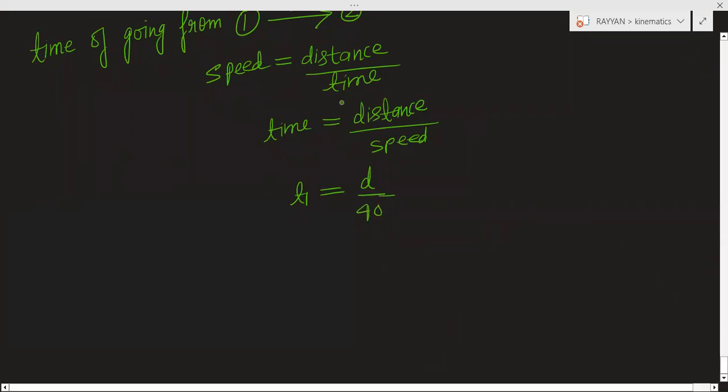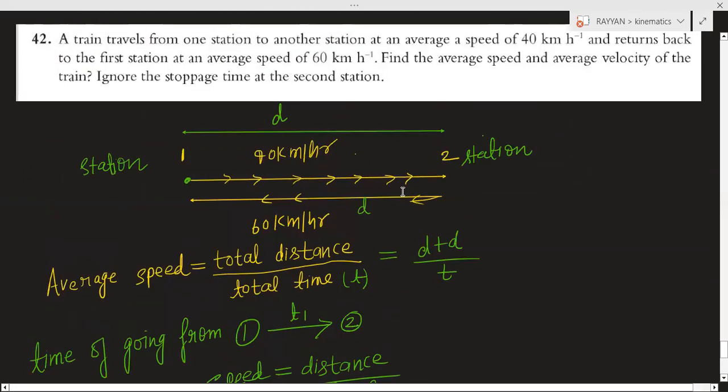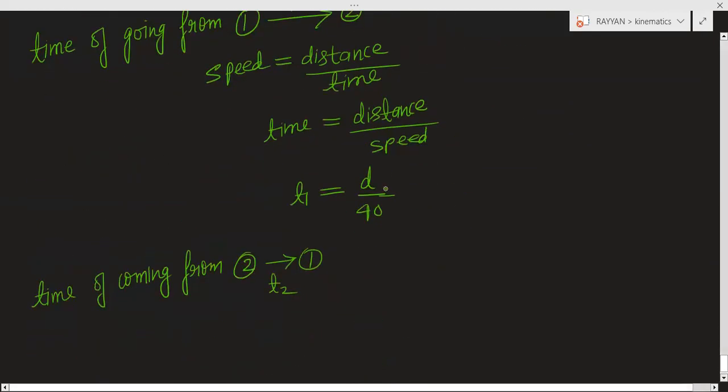Now the time of coming from the second station to the first station. This is the time of returning.